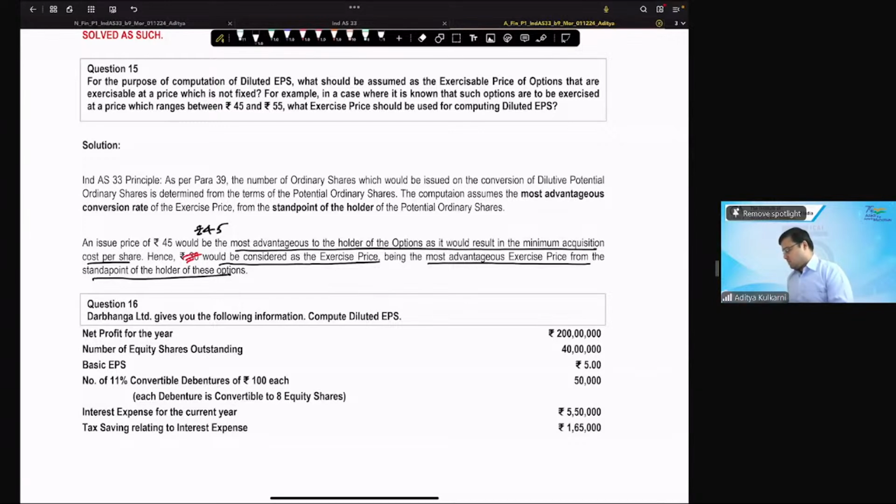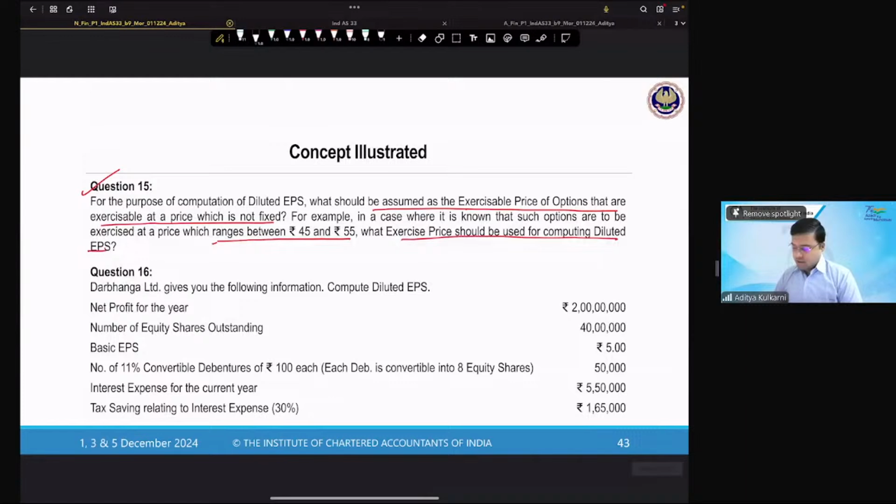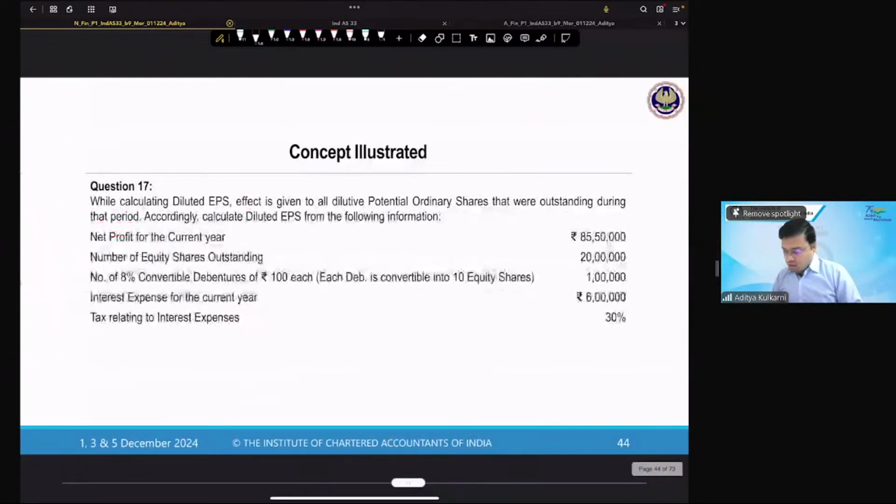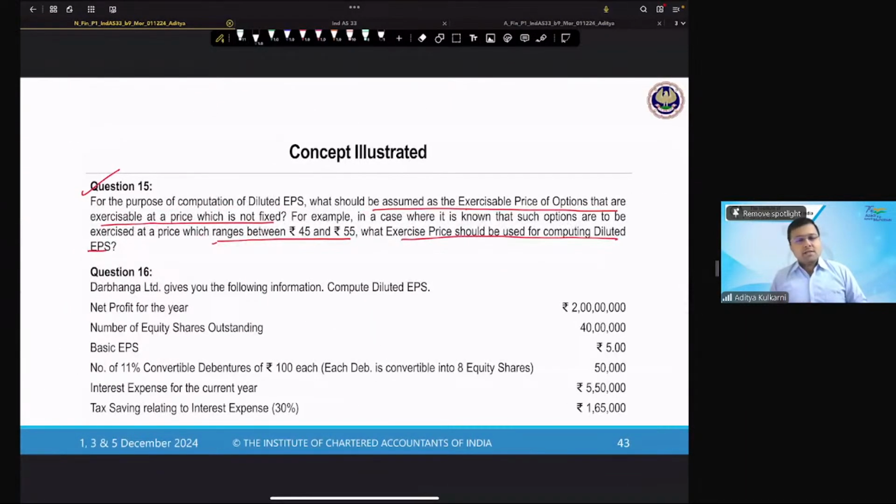Now let us proceed further. See, these set of questions, we are just following what you have already done in your intermediate. The objective is to explain to you what I mean by diluted EPS.